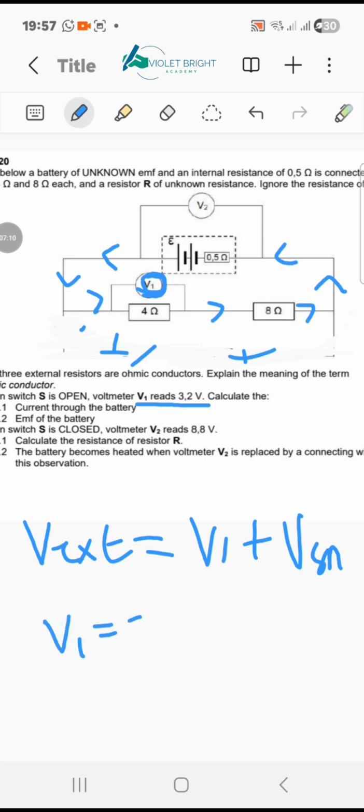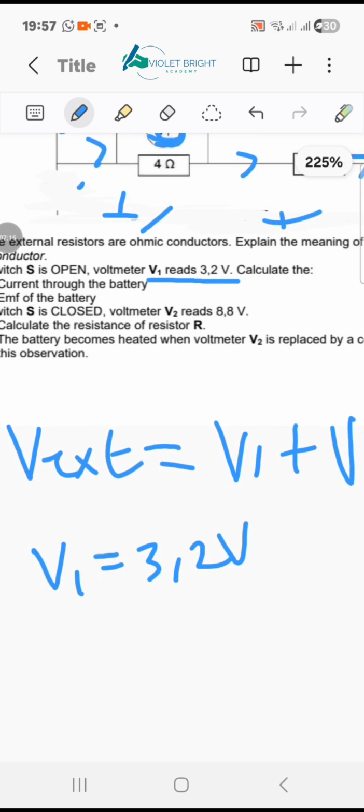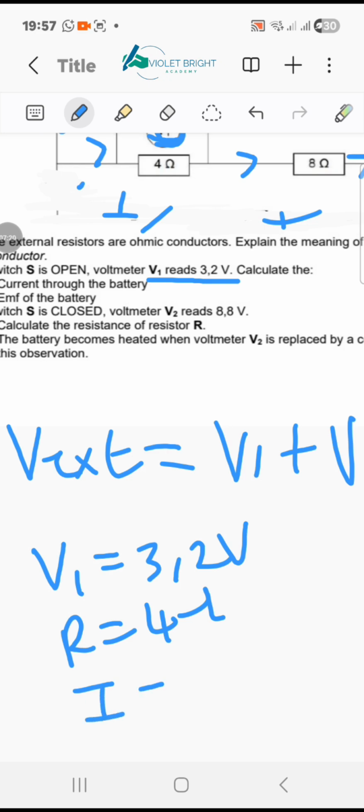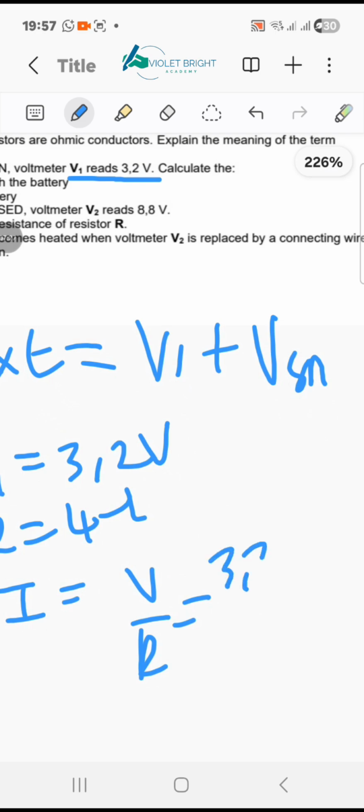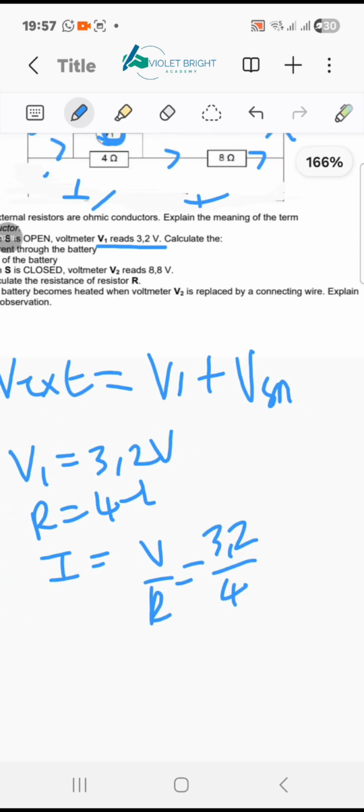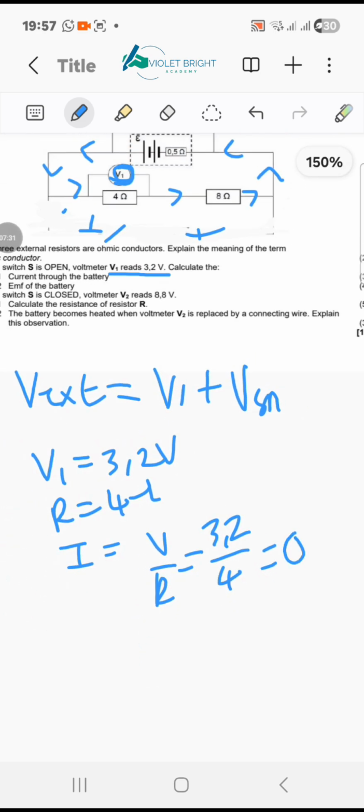Voltmeter 1 reads 3.2 volts, and the resistor is the 4 ohm resistor. So we know that I is V over R, which is 3.2 over 4, which gives us 0.8 amperes. This is the total current.